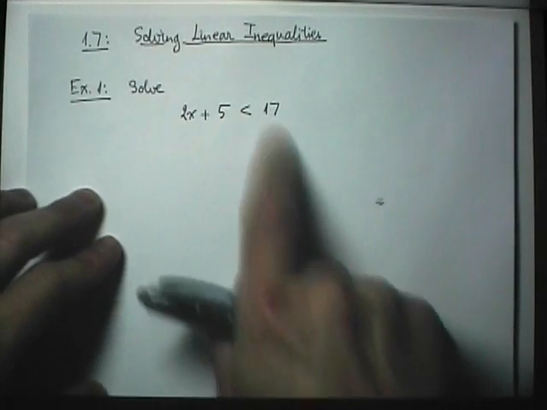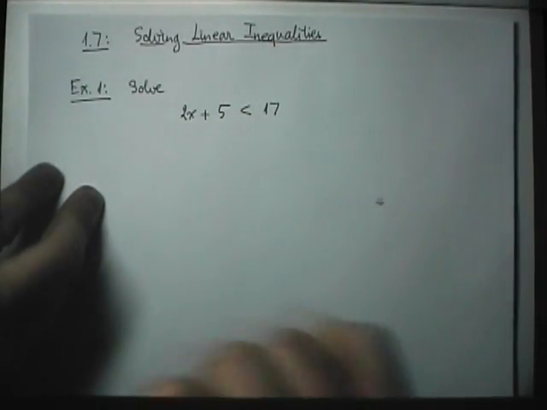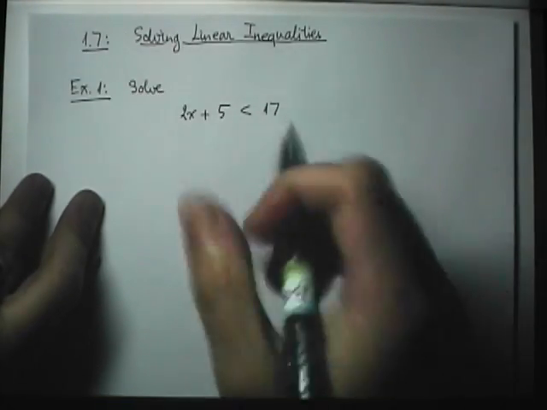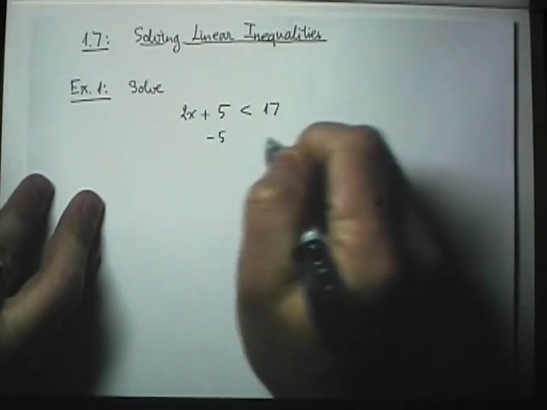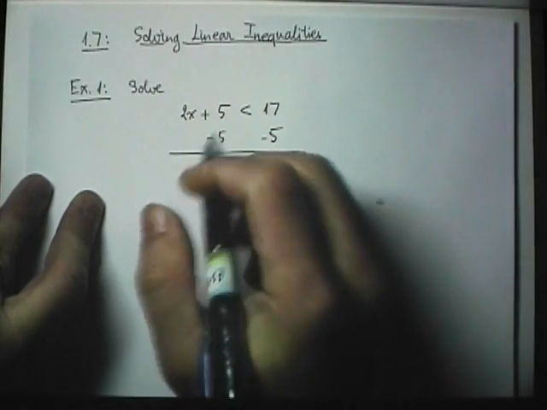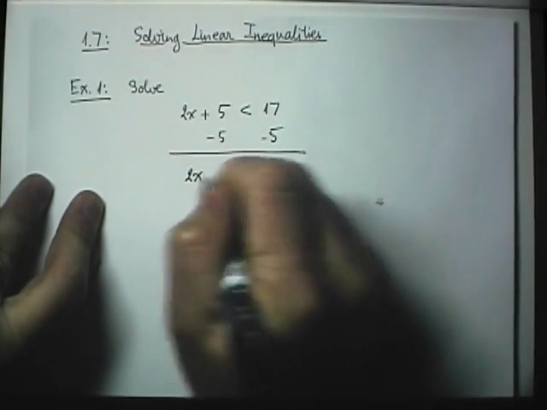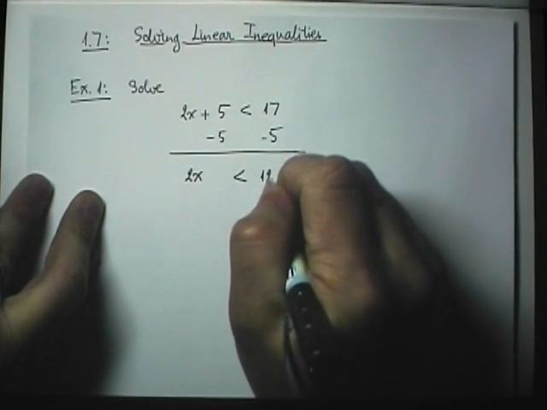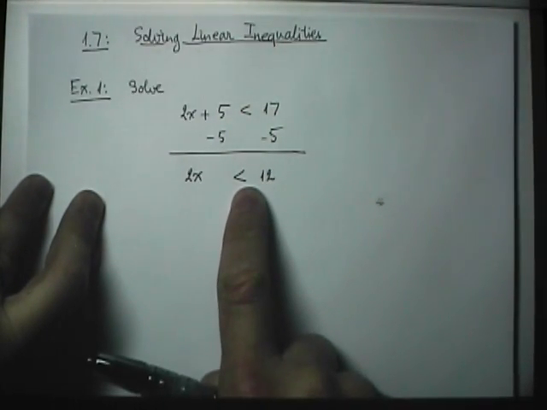Okay? So now, to solve for that, most of the steps here are carried out just like solving equations. I'm going to need to subtract 5 from both sides. Here that gives me 2x less than 17 minus 5, which is 12. The inequality at this point still remains the same.